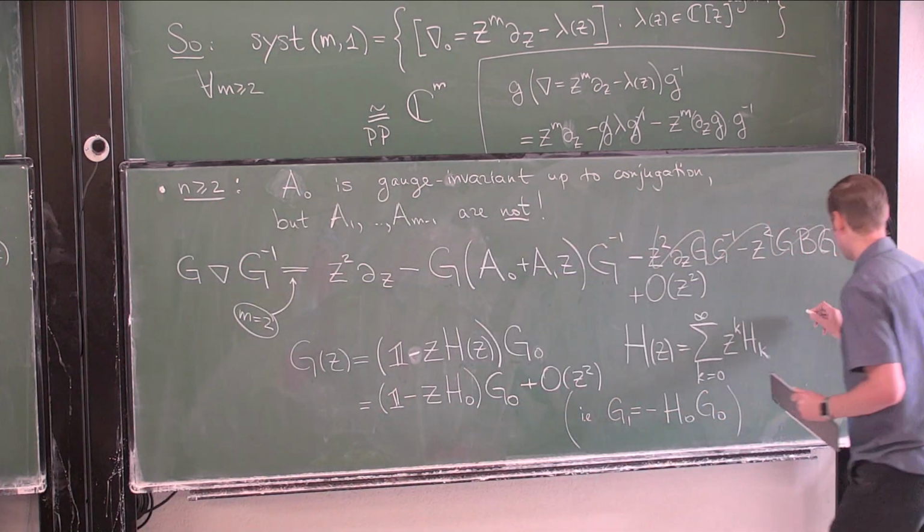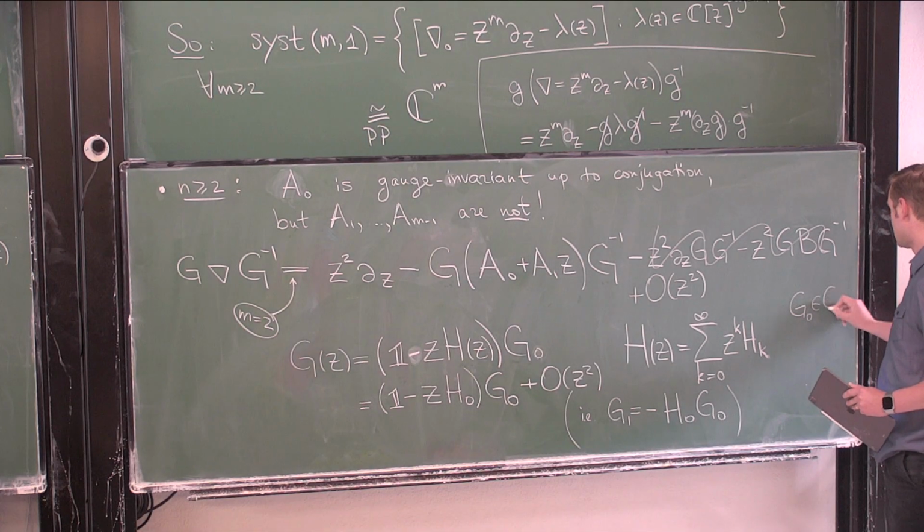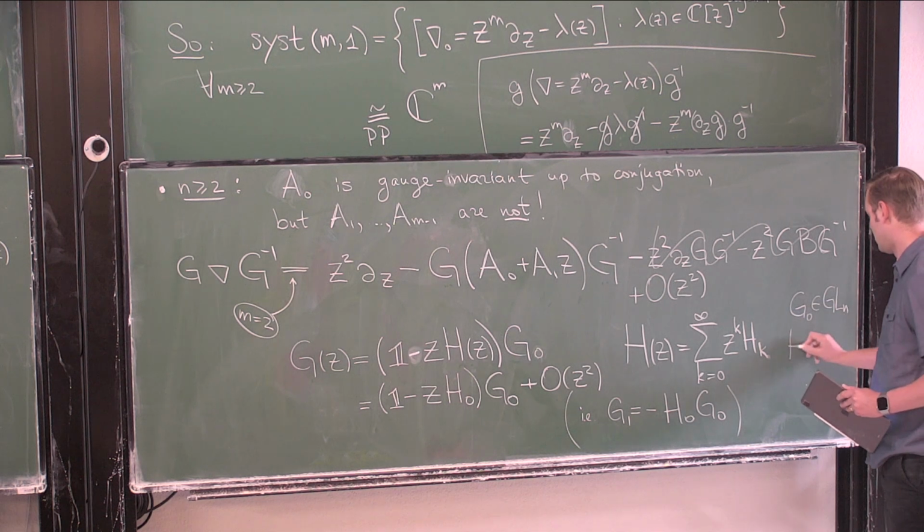Just for completeness, G0 is an invertible matrix. All the other matrices, Hk, are just n by n matrices.